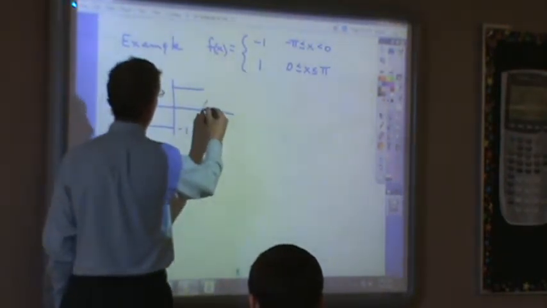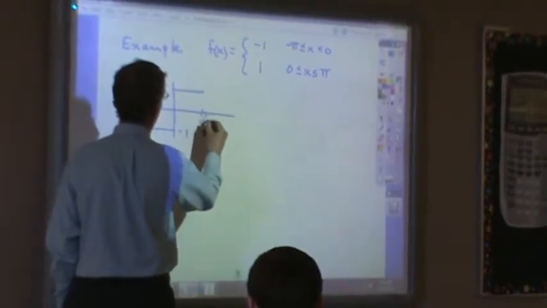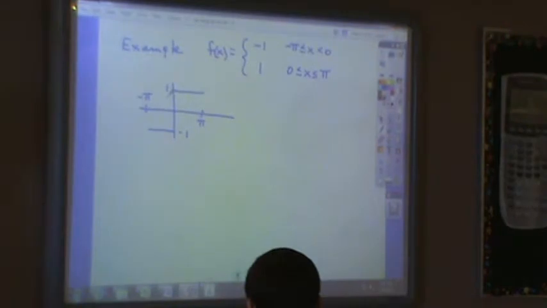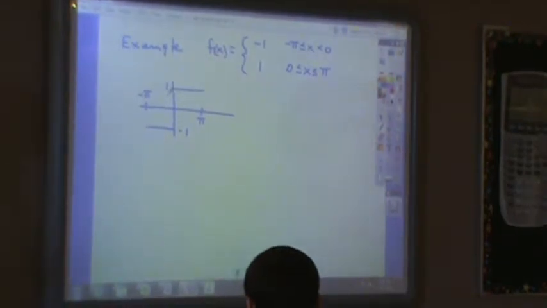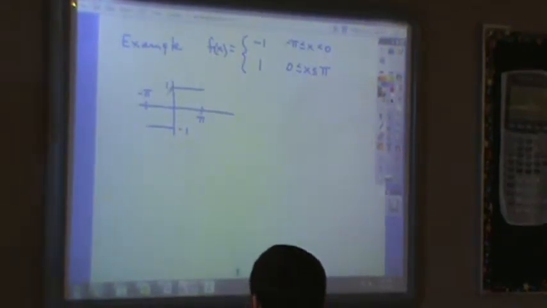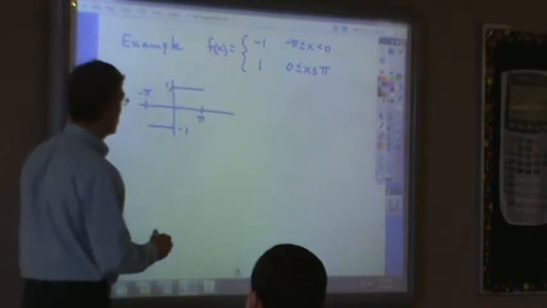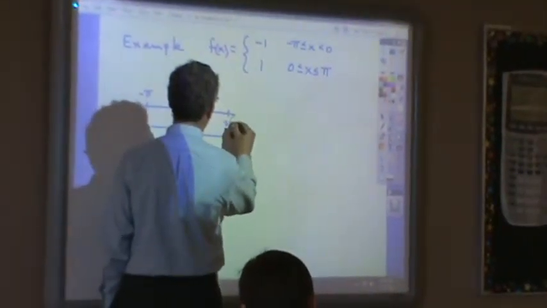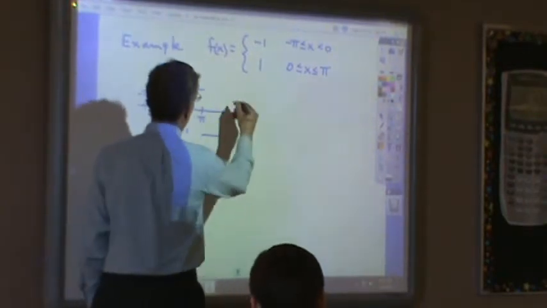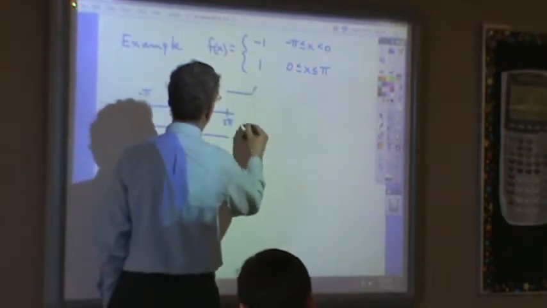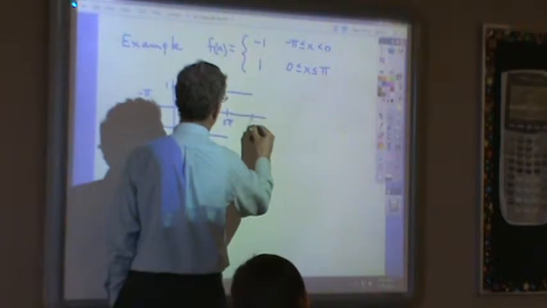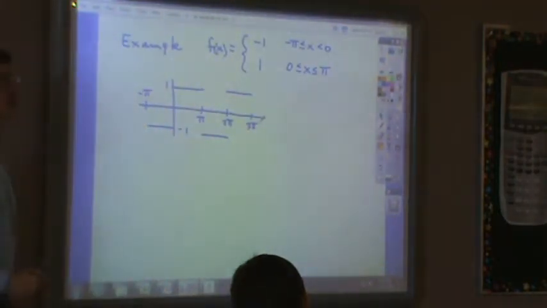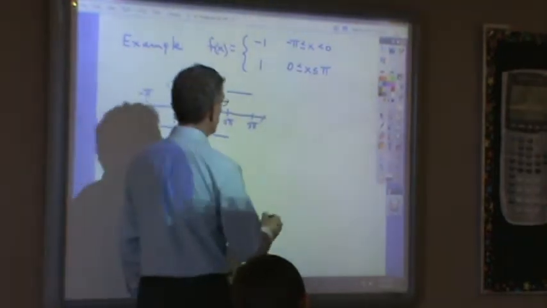So now, at pi, the functional value is 1. But this is one period of a periodic function. So this thing just simply repeats itself. From pi to 2 pi, it looks like this. And from 2 pi to 3 pi, it looks like that. This is known as a square wave. It's described as a square wave.